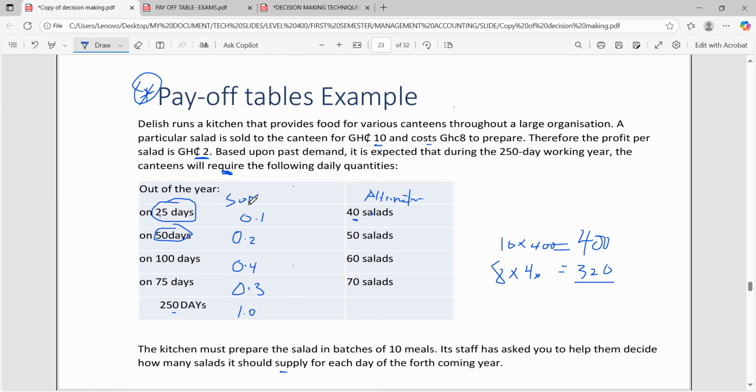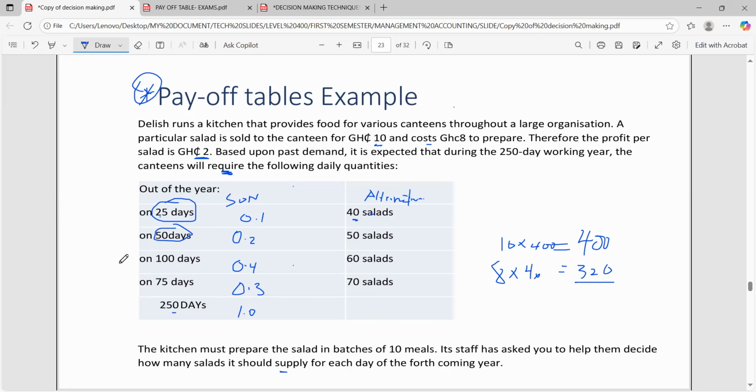So we said that we use their days over the total days to determine the probability according to this question. So 25 out of 250 days, because they summed up all these days, tells you the probability at that level. 50 over 250 tells you the probability at that level. This over this tells you the probability at that level.